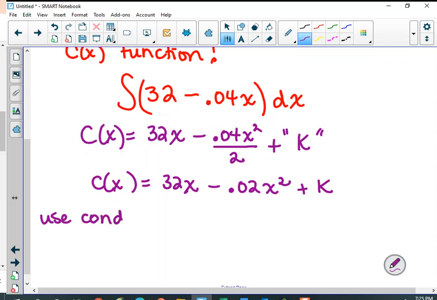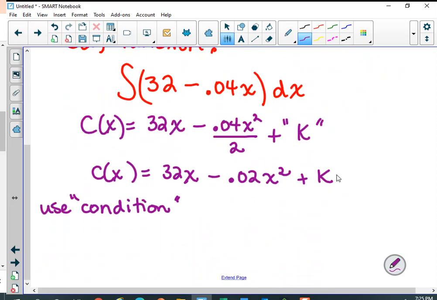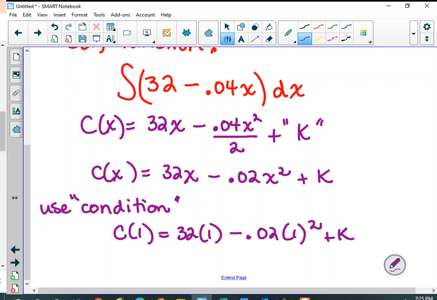Now, how do we find k? We use what's called the initial, or a given condition, a piece of information. We were told at the beginning that the cost for one item was $50. That means C of 1, or 32 times 1, minus 0.02 times 1 squared, plus k, should equal $50.